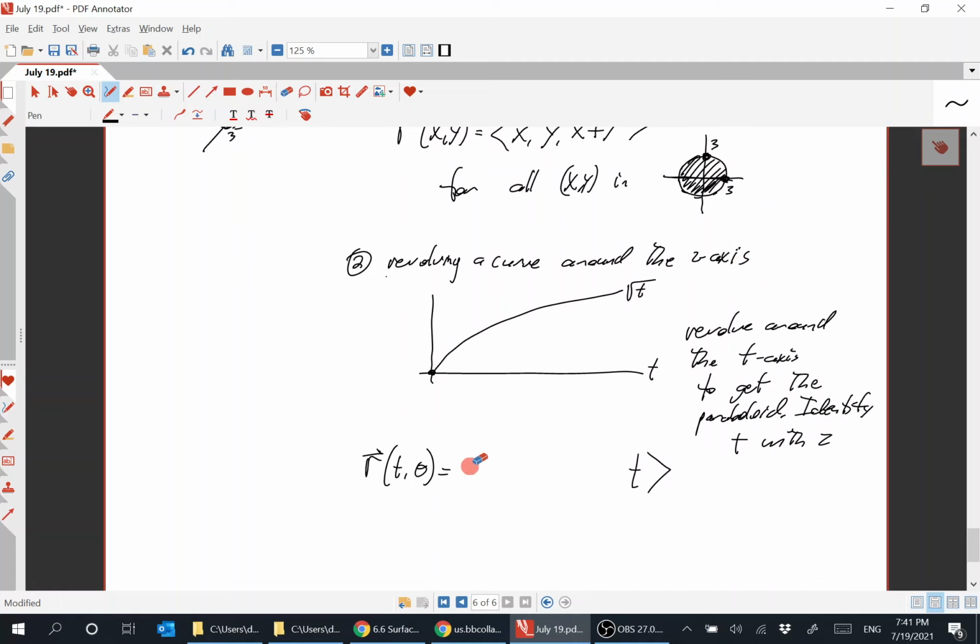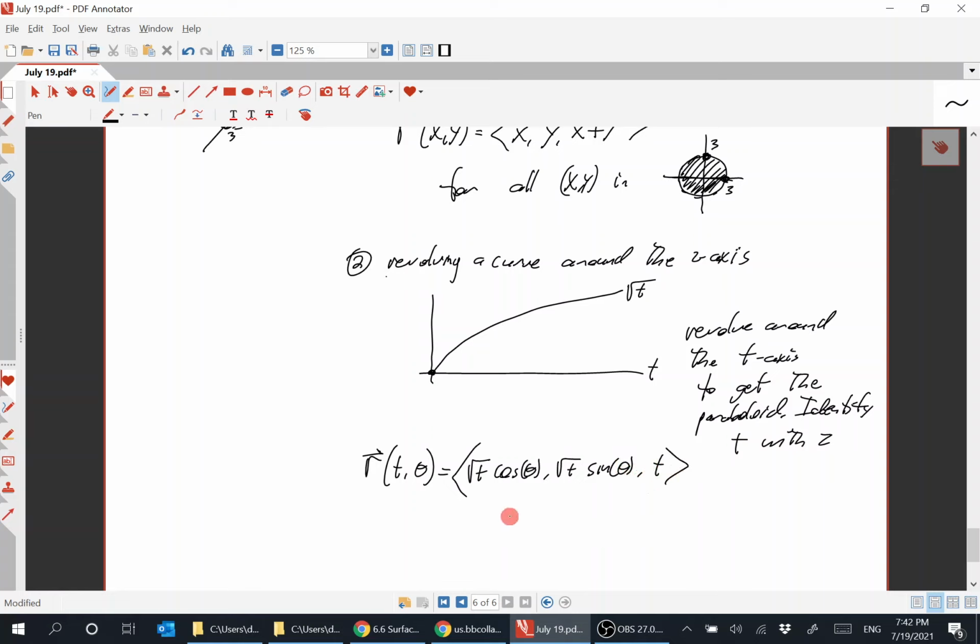So the z gets identified with t, and then the x and y are f of t cosine theta, f of t sine theta, and then that was t.